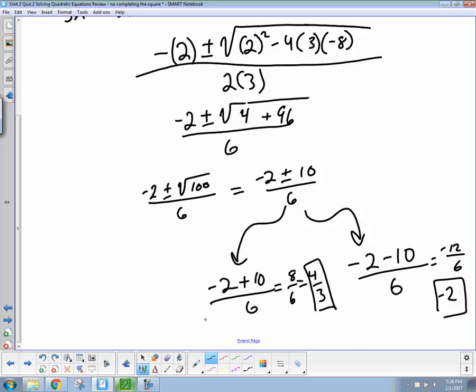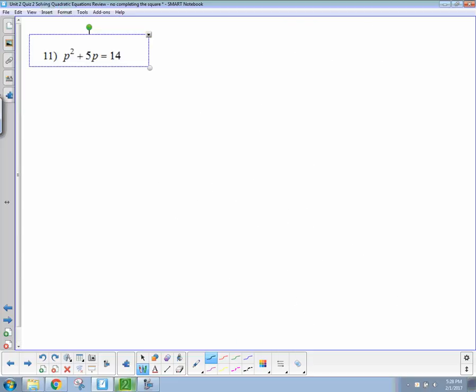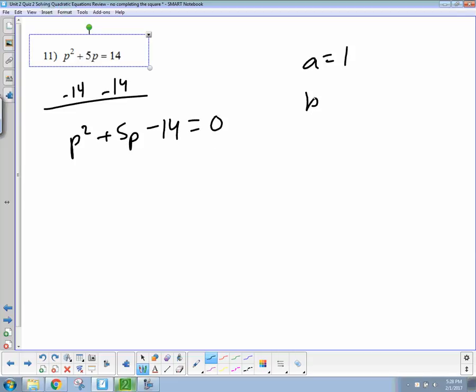So, pause it, subtract 14. P squared plus 5p minus 14 equals 0. Again, A is going to be 1, B is 5, C is negative 14. Plug it all in.